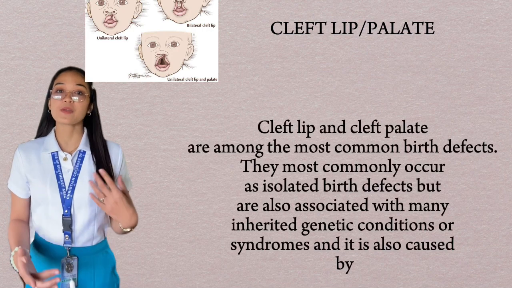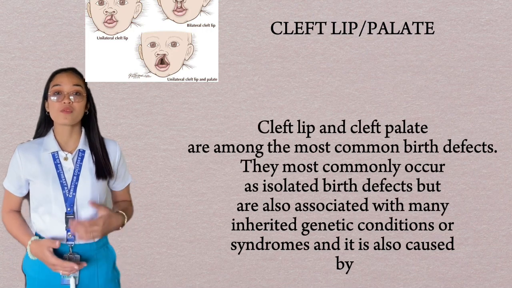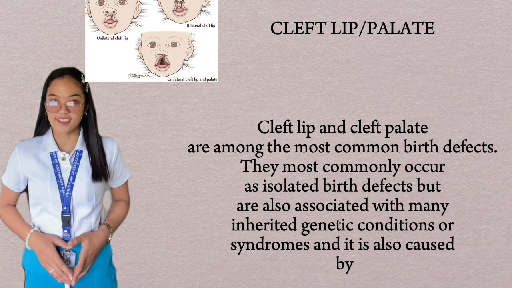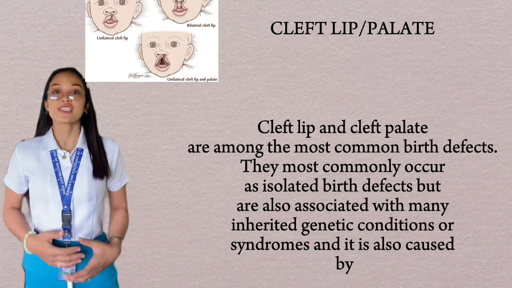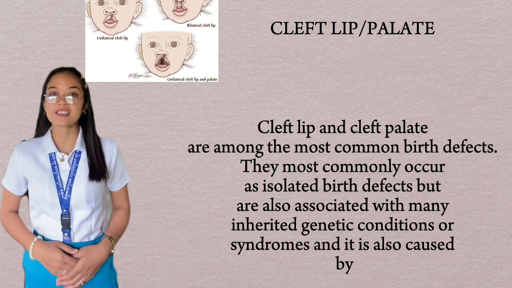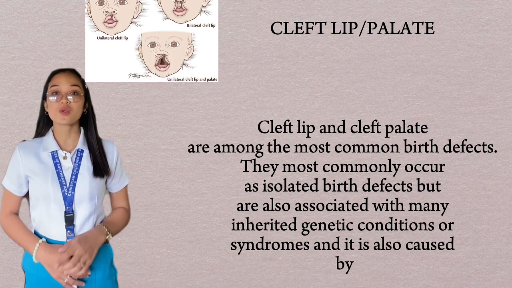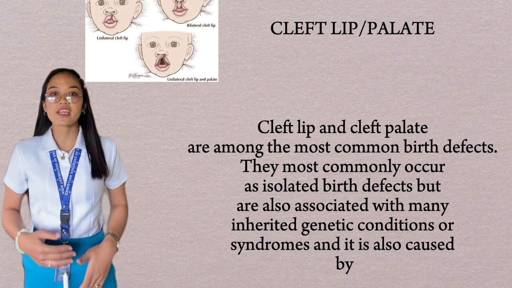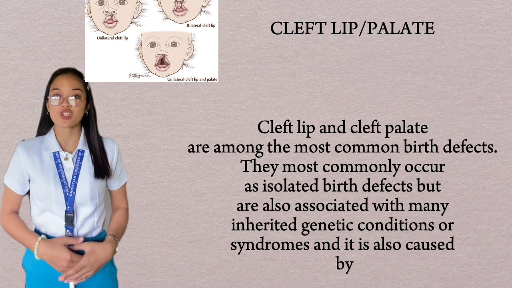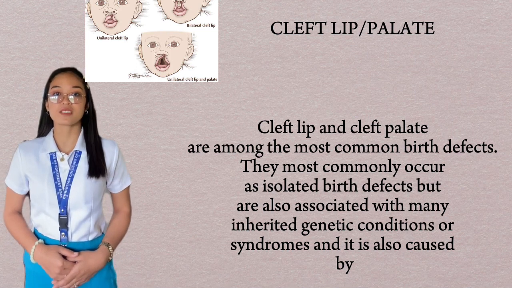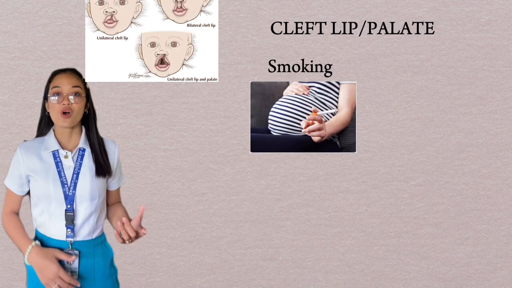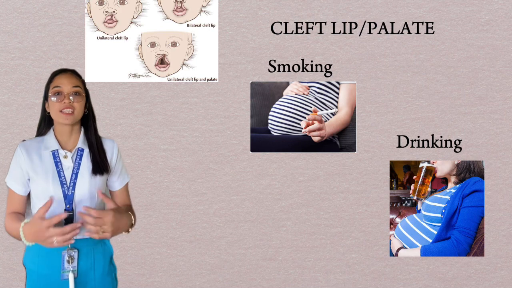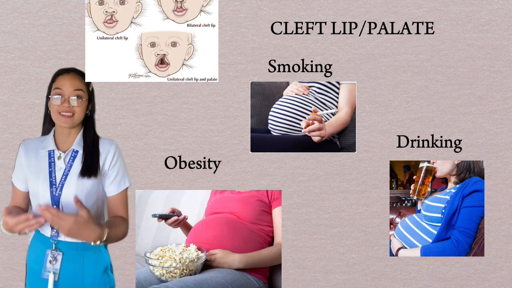Cleft lip and cleft palate are among the most common birth defects. They most commonly occur as isolated birth defects, but are also associated with many inherited genetic conditions or syndromes, and are also caused by smoking, drinking alcohol, and obesity during pregnancy.